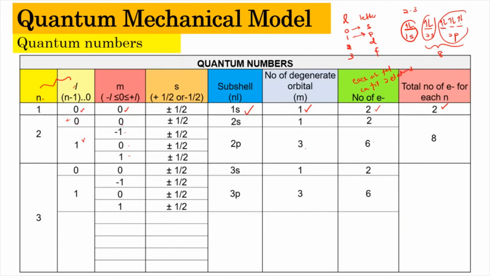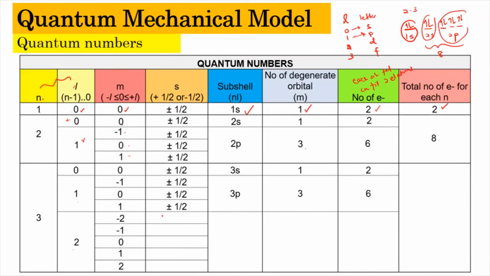Alright, now we're going to look into the principal quantum number of 3. You know that for principal quantum number 3, the L here will have 0, 1, and 2. And for m here, when L is equal to 2, your m can be equal to -2, -1, 0, and then +1 and +2.